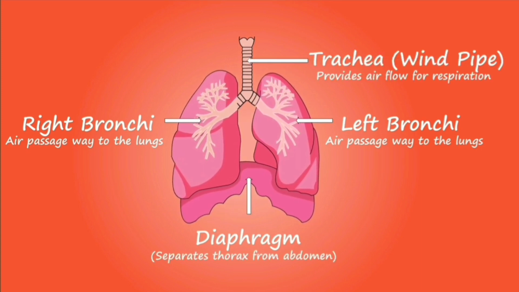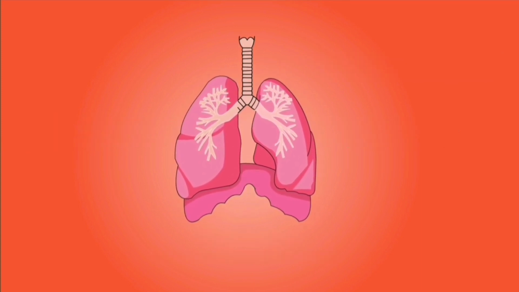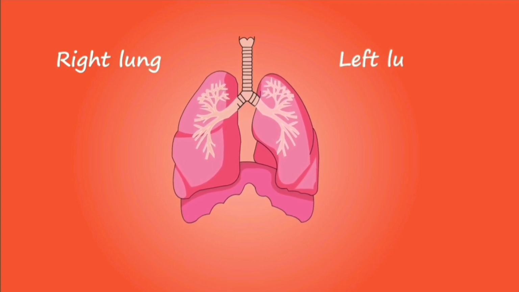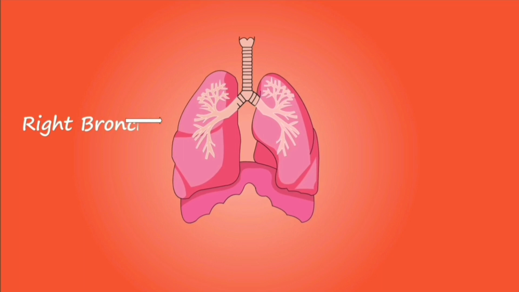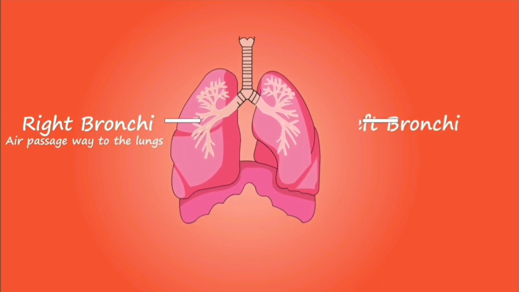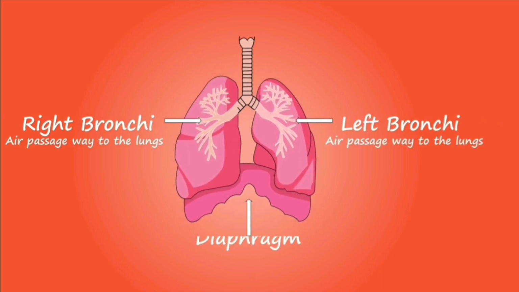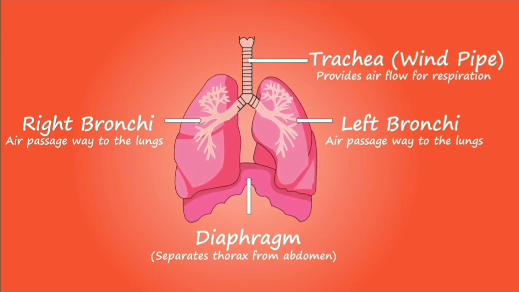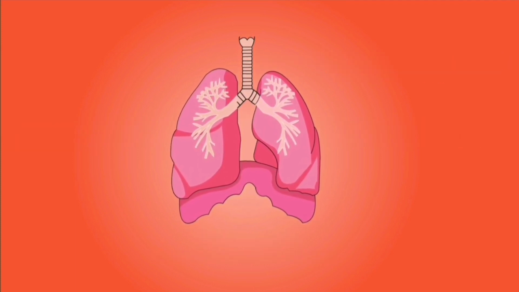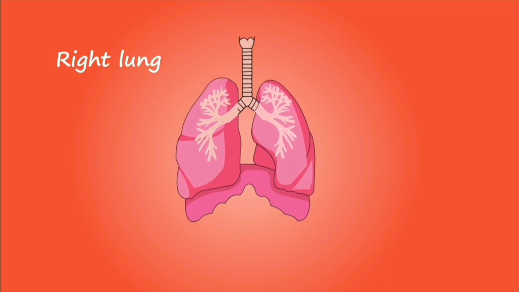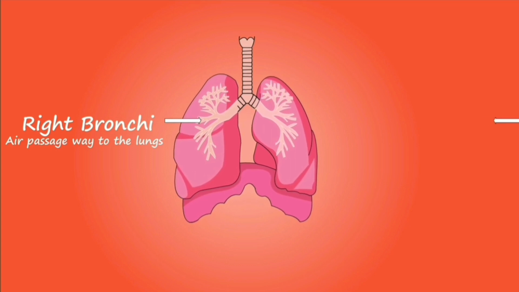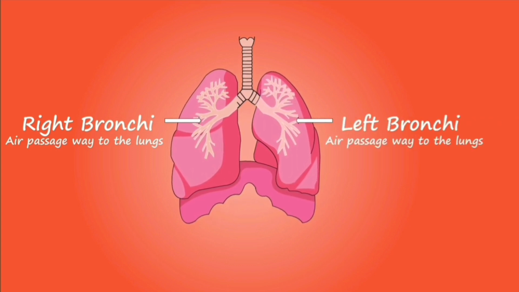Then the lungs are also part of the respiratory system. A large number of alveoli form lobules, which together form lobes to make the lungs. The lungs are two in number and situated in the chest, one on either side of the heart. They are protected by the thoracic cage. They are elastic, porous and spongy in consistency.